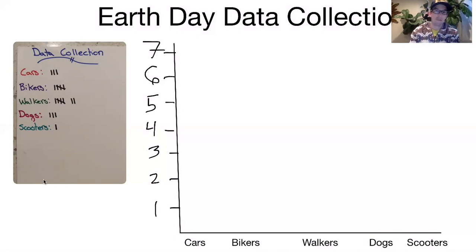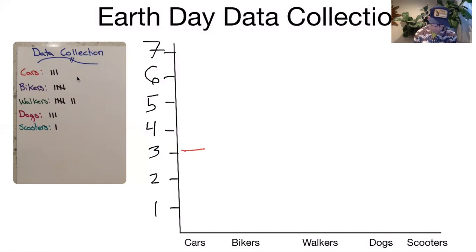And so now that I have my y axis labeled, I'm going to start to create a bar graph. And I'm going to start with cars. So I saw 3 cars that were out driving. I saw a lot of parked cars, but I chose not to count those. I wanted to just look at moving cars. And there were 3 of those.